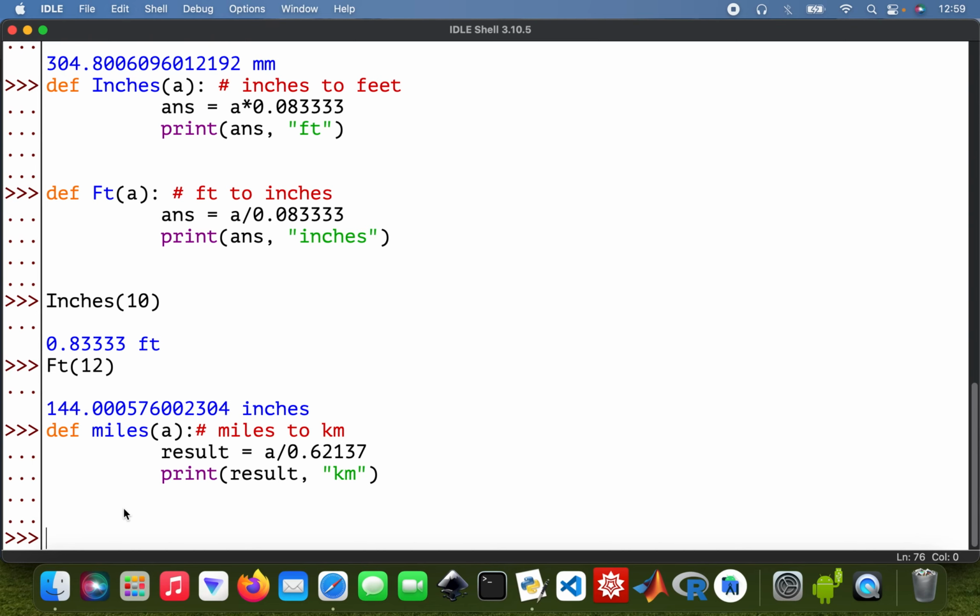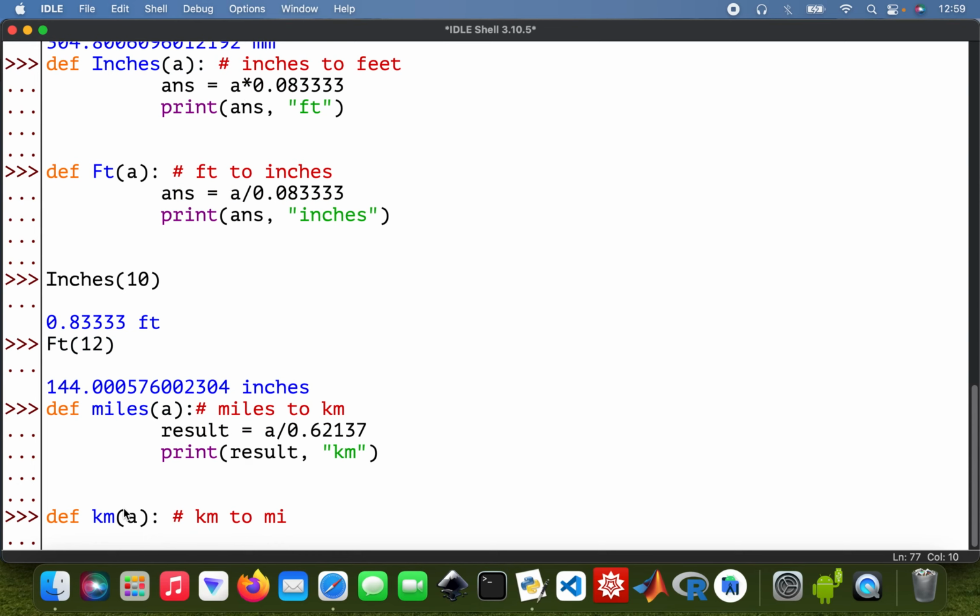And then define as well, kilometers a, and that's going to be kilometers to miles. Then my answer is equal to a times 0.62137.